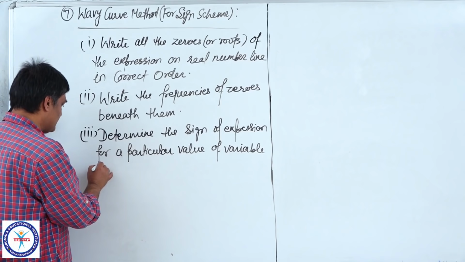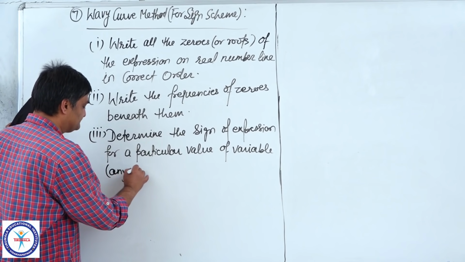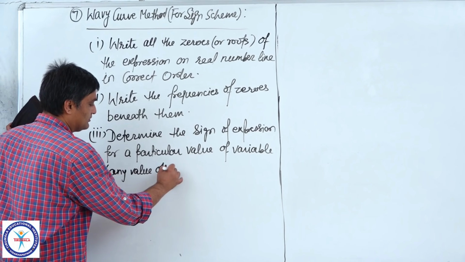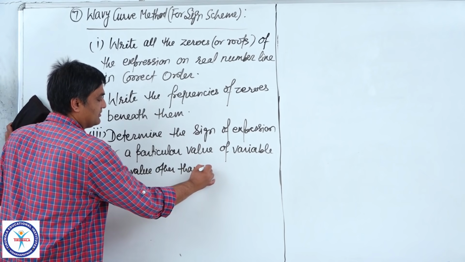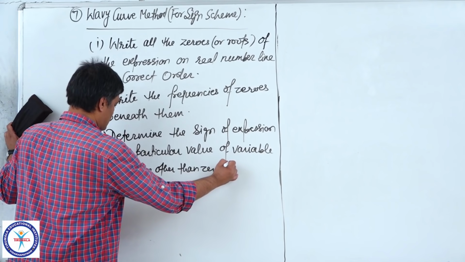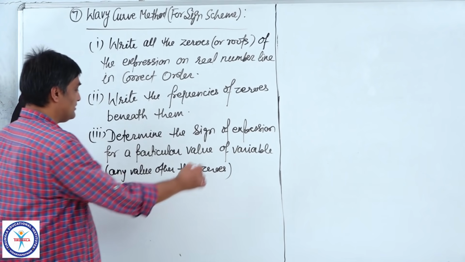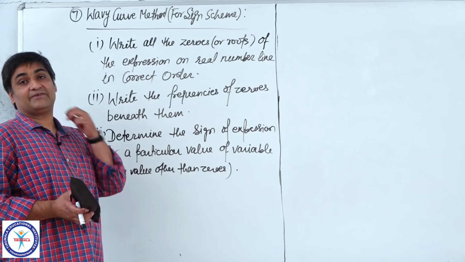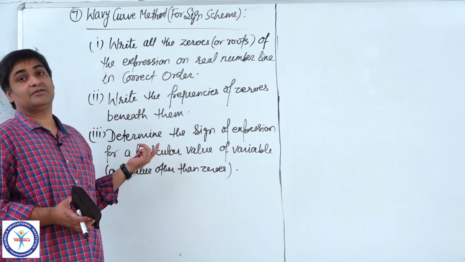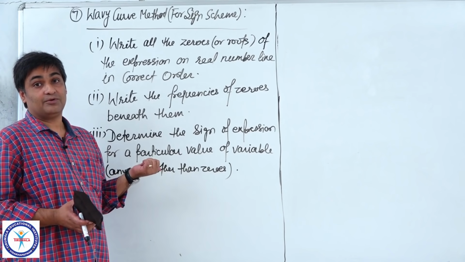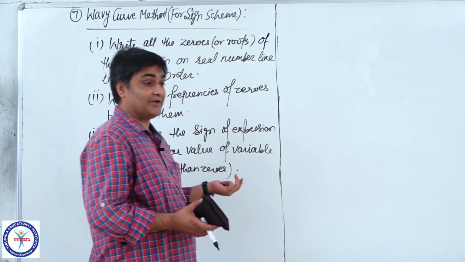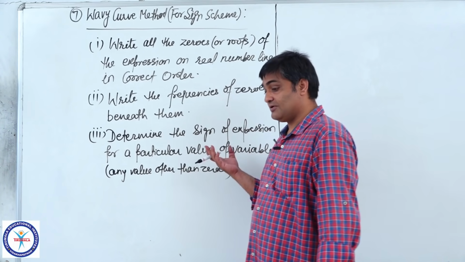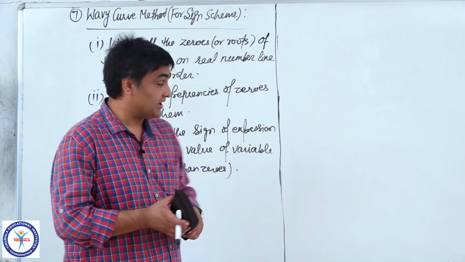Okay, any value other than zeros or roots. Why? Because if you put the value of x as a root, then the expression will be 0. So we can't say whether it is positive or negative. 0 is neither positive nor negative.